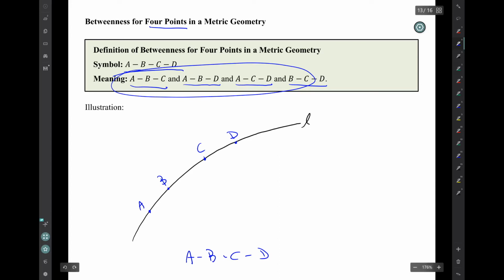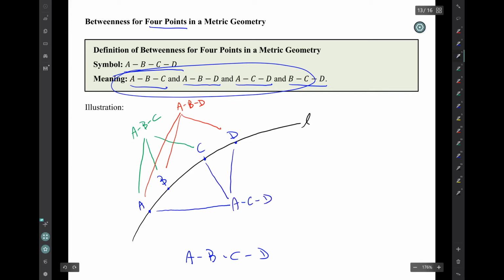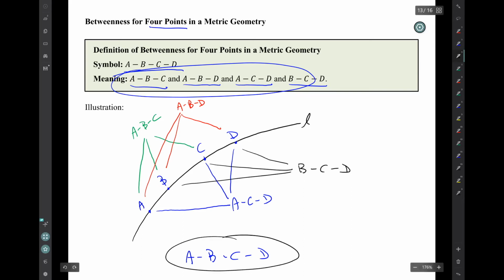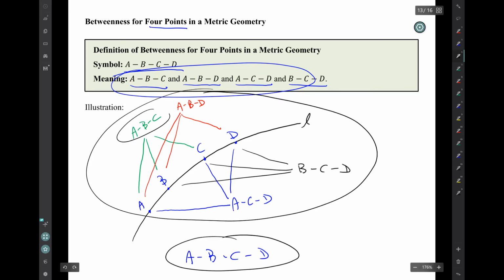So let's do that in the following way. I don't know if that helped or if that made it worse, but the idea is that this symbol means all this stuff. All 4 of these betweenness relationships are true, and they're all illustrated as shown in that diagram.